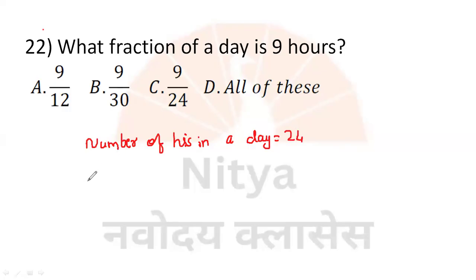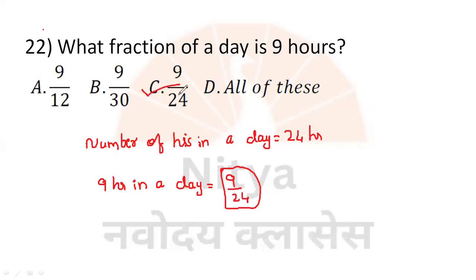Therefore, the fraction for 9 hours in a day is 9/24. It is easy, no? Because one day equals 24 hours, 9 hours in a day means 9/24. In fraction form we write it like this. So option C is the answer.